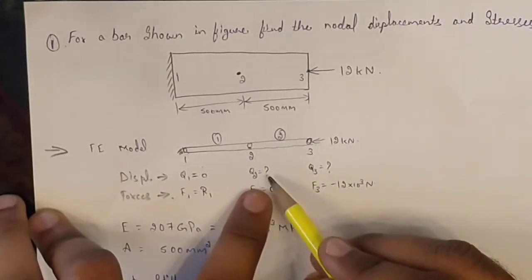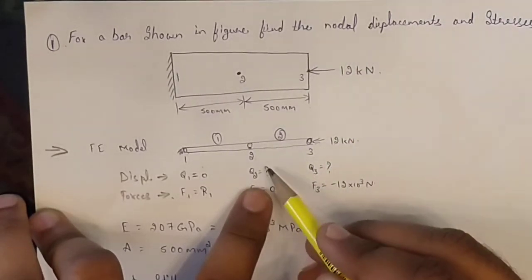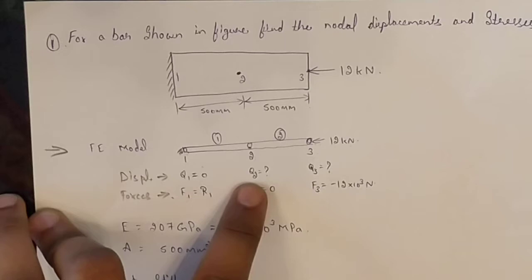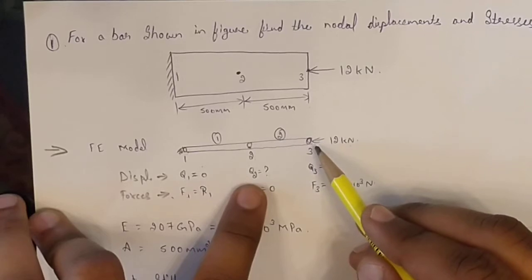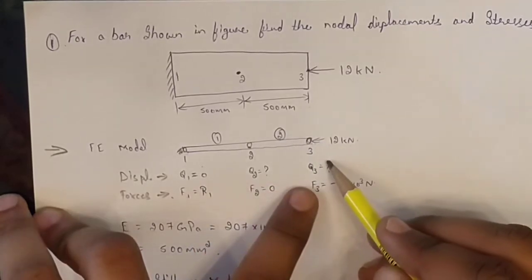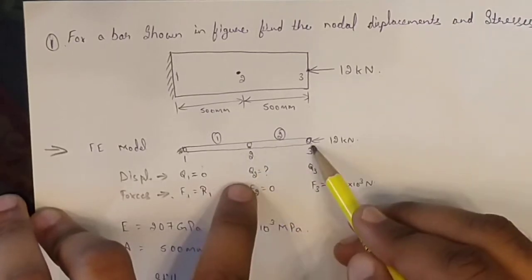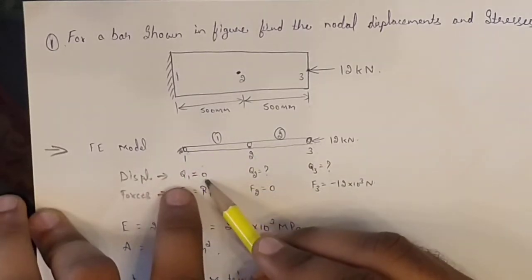That's what the question is asking, find the nodal displacement. So I have put a question mark, so that I understand I have to find the displacement at node 2. Similarly, node 3 is not fixed, so the displacement at node 3 also I have to find out. Node 1 is fixed, so displacement at node 1 will be equal to 0.